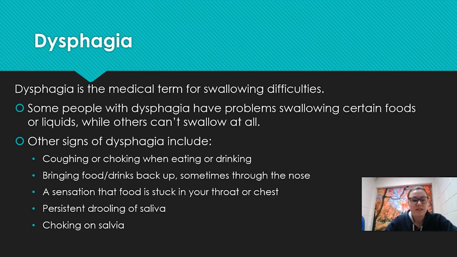They may experience a sensation that food is stuck in the throat or chest. Maybe issues with saliva, so people could experience persistent drooling of saliva or feel like they're unable to manage their secretions, leading to choking on saliva.